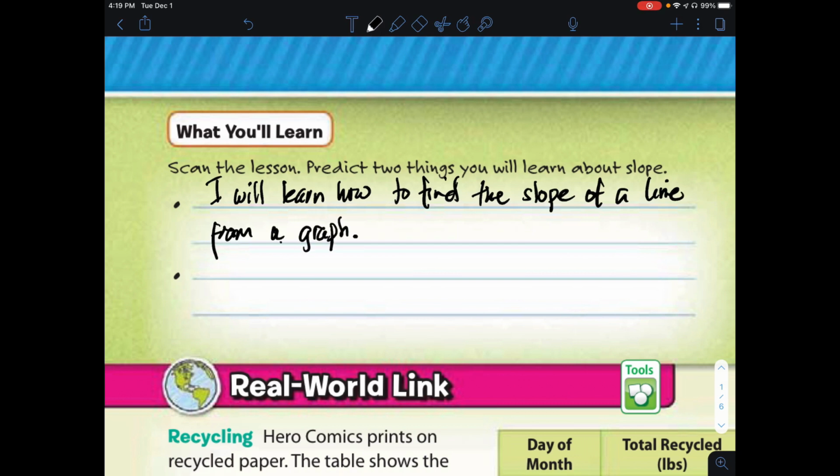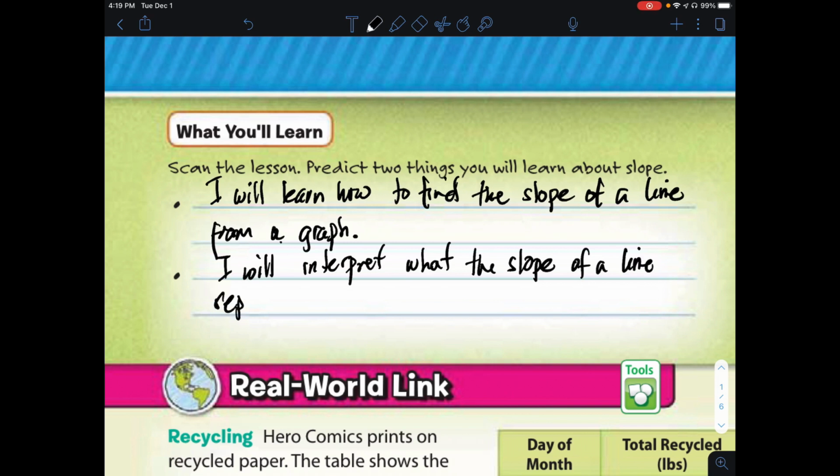And the second thing is I will be able to interpret what the slope of a line represents. So those are the two things that we will learn in this lesson. First one, I will be able to learn how to find the slope of a line from a graph. And the second objective will be I will interpret what the slope of a line represents.